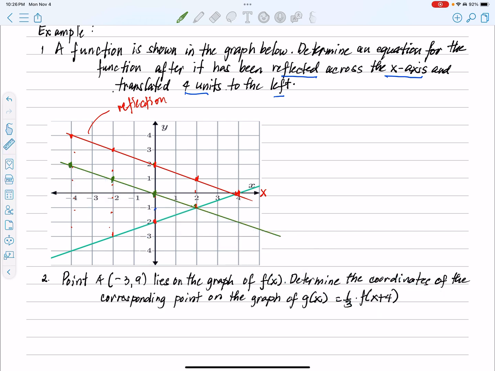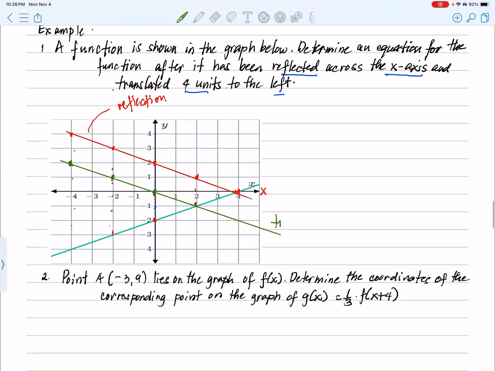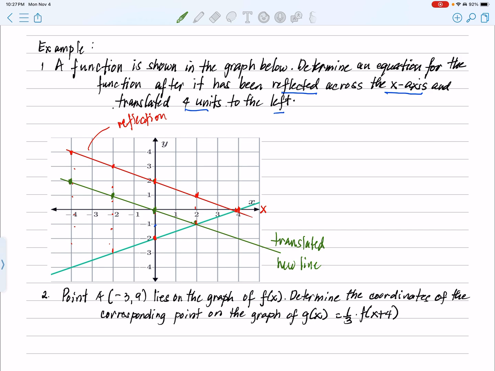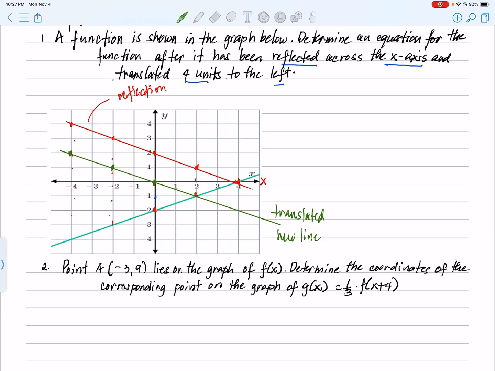This is the translated, the new line after translation. So at first, you do the reflection, and then you do the translation.